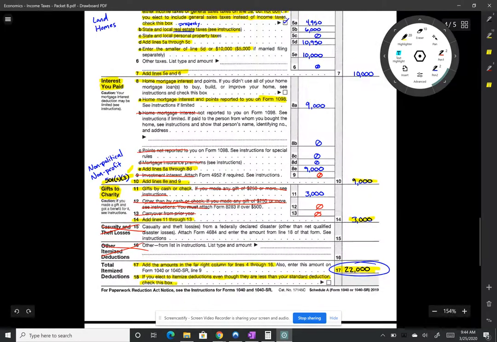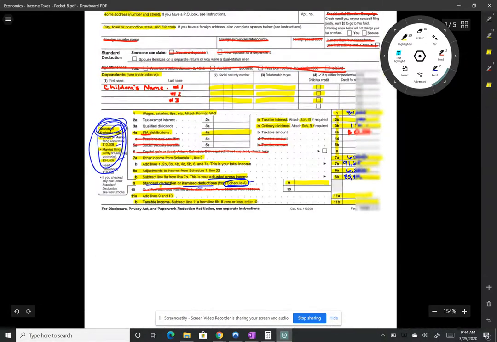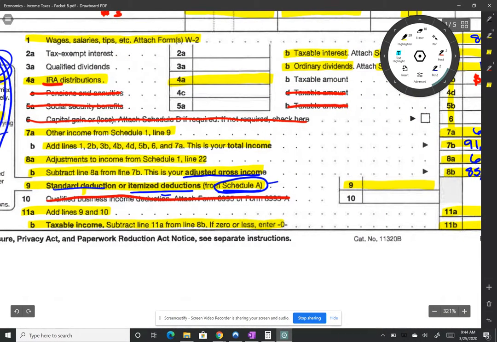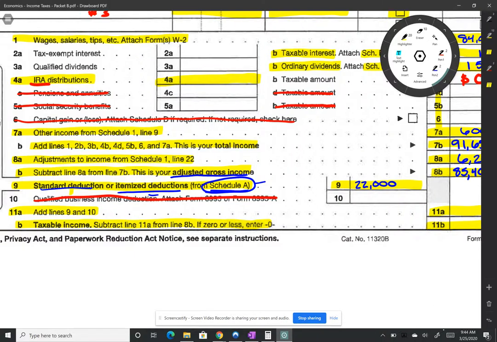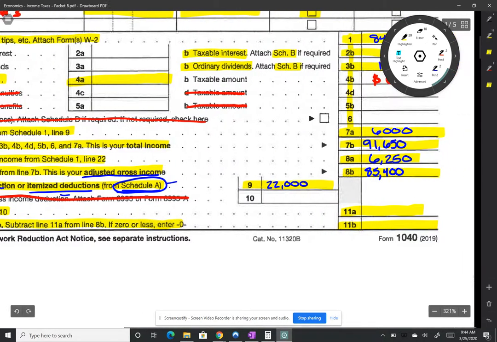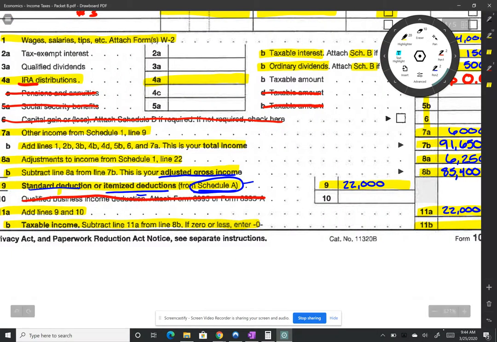Okay, so we have $22,000. Where do we take that? We take that back up to the 1040, standard or itemized, and we put $22,000 here. Okay. Line 11A, add lines 9 and 10. Well, 10 is 0, so we go $22,000 again. And then it's taxable income.